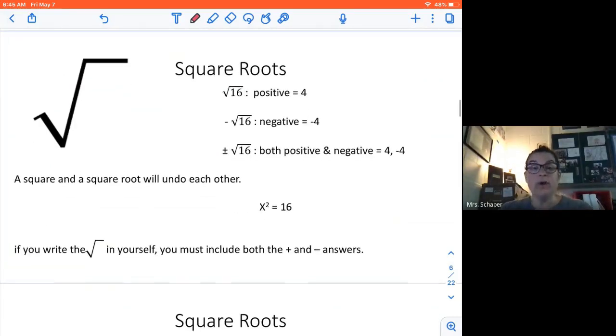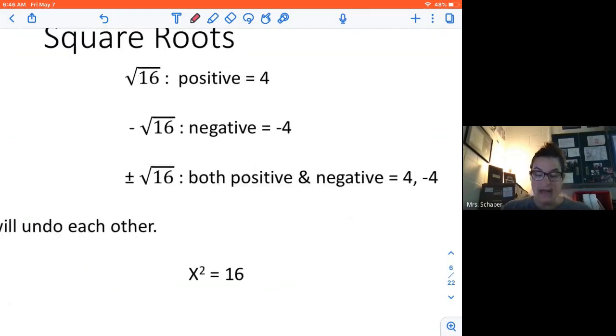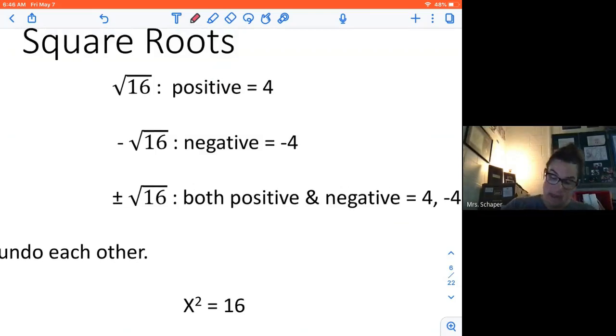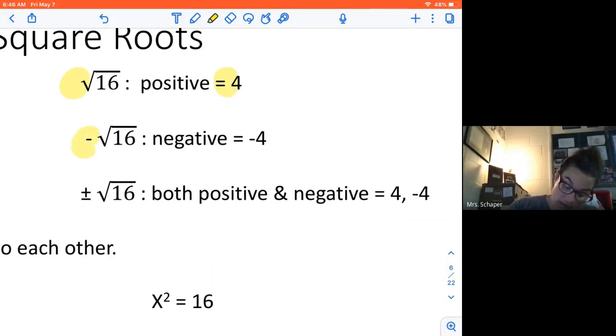All right, so square roots, radical symbol. Something I want to point out is how you write your answers. If there's no sign in front, we will put no sign in front of our answer. If there's a negative sign in front, we put a negative sign on the answer.